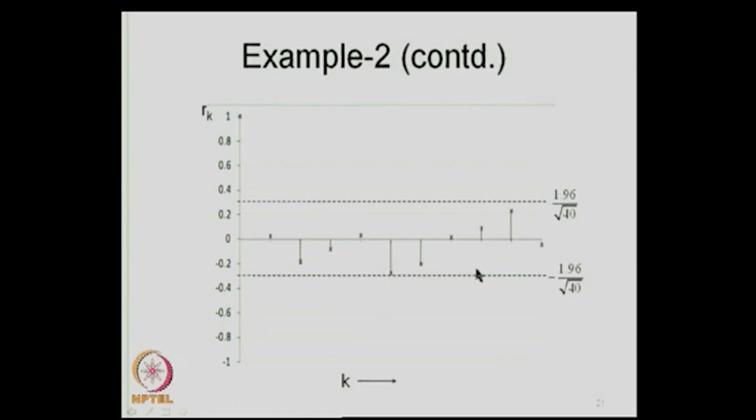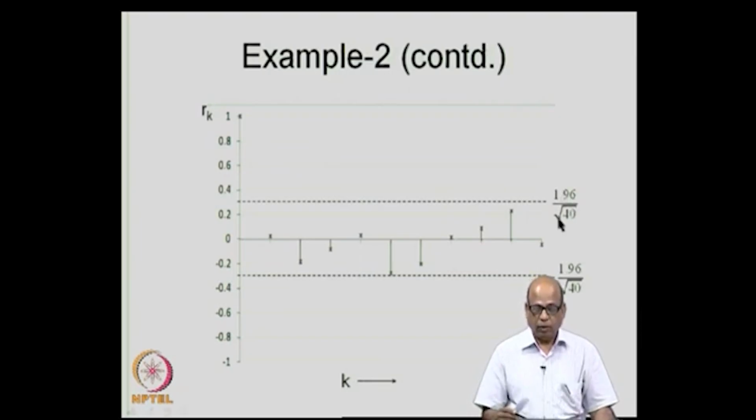Now, this happened in this particular case because they were all uniformly distributed random numbers, and therefore, there is no dependence of one number on any other number in the series, and therefore, your autocorrelations at all lags that we considered are all insignificant, which means the hypothesis is that the r k that you thus obtained have a mean of 0.